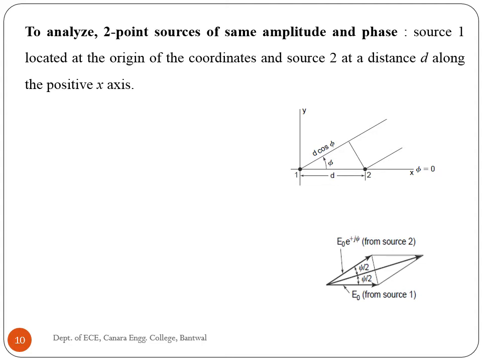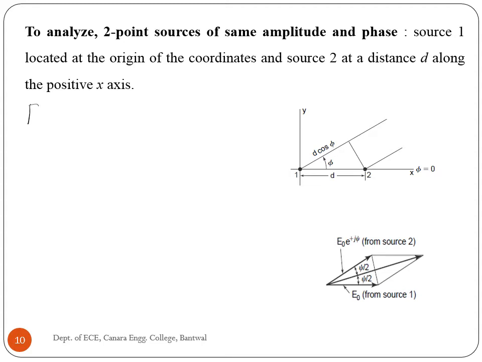The field pattern for 2 point sources of same amplitude and phase can be obtained by locating source 1 at the origin of the coordinates and source 2 at the distance d along the positive x-axis as indicated in figure.